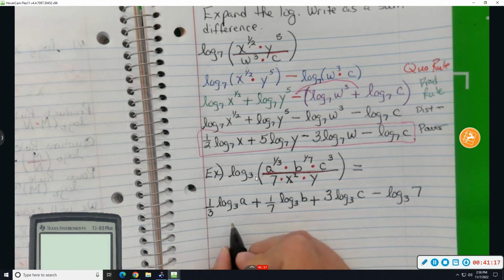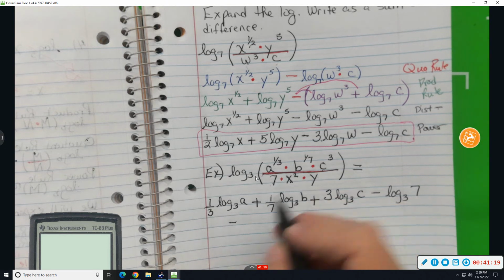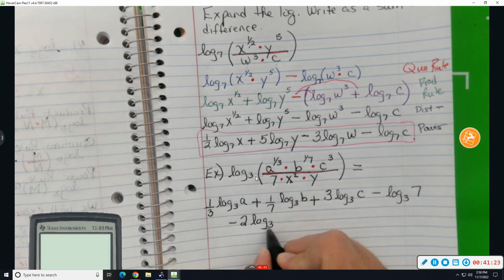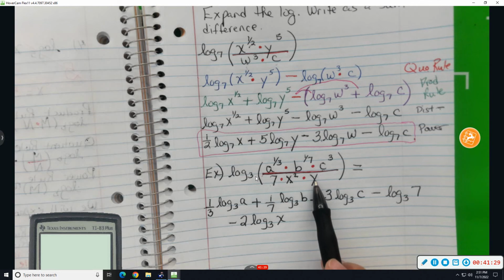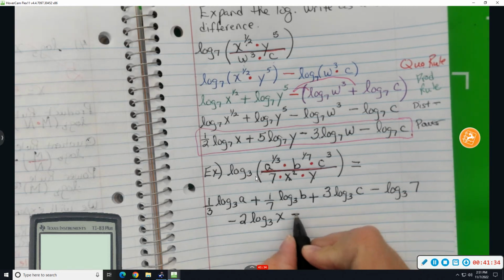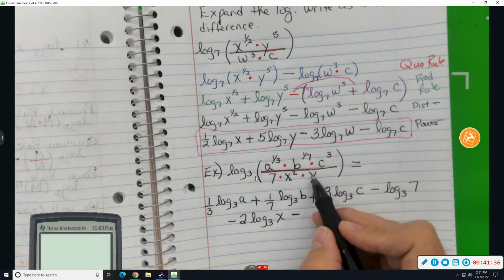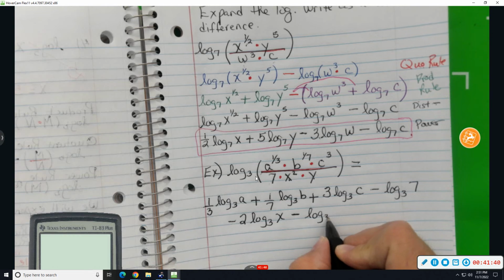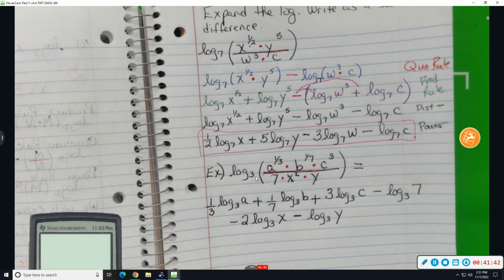Minus, because it's on the bottom. Then I write the 2, log base 3 of x. And finally, moving to the y. Plus or minus? Minus. There's not an exponent on the y, so we don't write a number. We just write log base 3 of y.